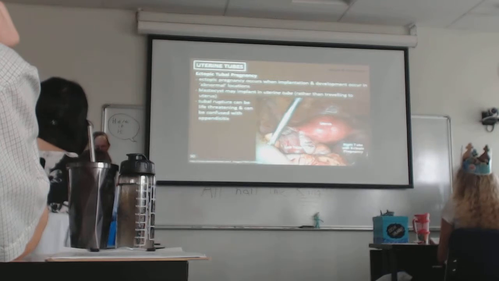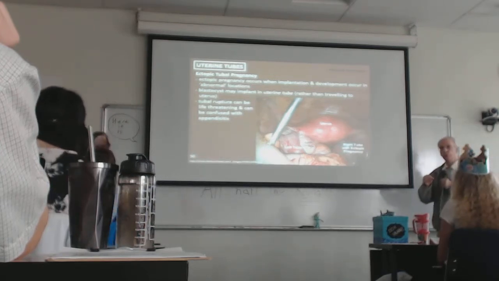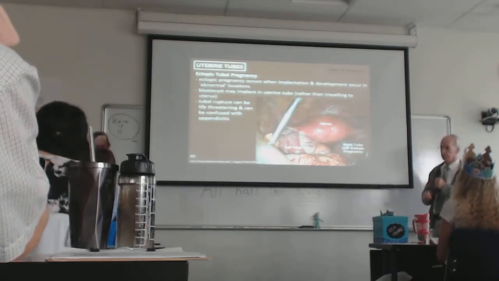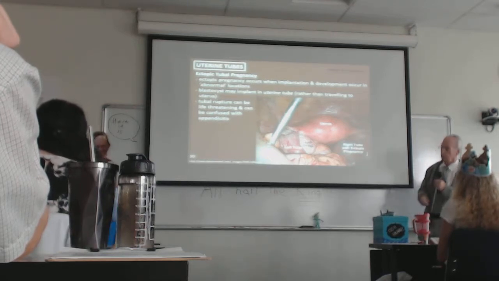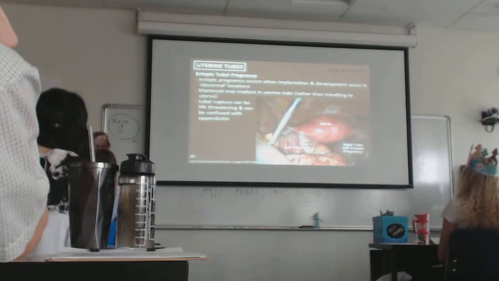Again, this can occur most commonly in the uterine tube, but we've seen that it can occur in the ovary as well, and it can occur in other locations. The mechanics of that, how that all falls out, is sometimes difficult to appreciate, but the most common placement of an ectopic pregnancy is in the uterine tube.